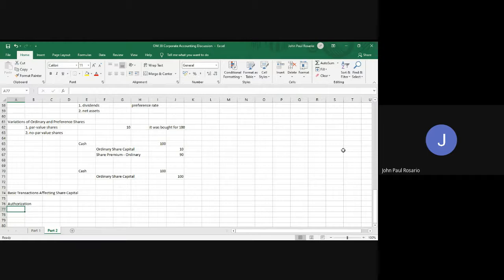Let's find an example here. Authorization.